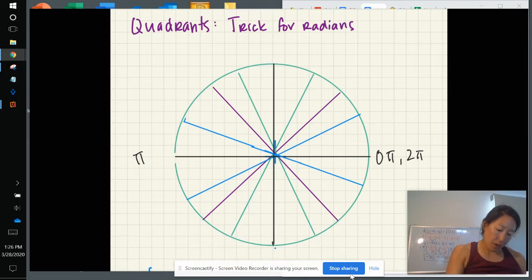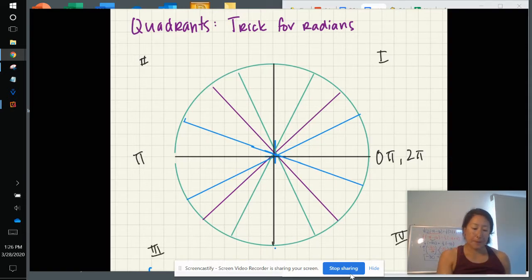So we have quadrant number 1, quadrant number 2, quadrant number 3, and quadrant number 4. The angle between the positive x-axis and this blue line is 30 degrees. In radians, well, how many 30 degrees are in 180 degrees?